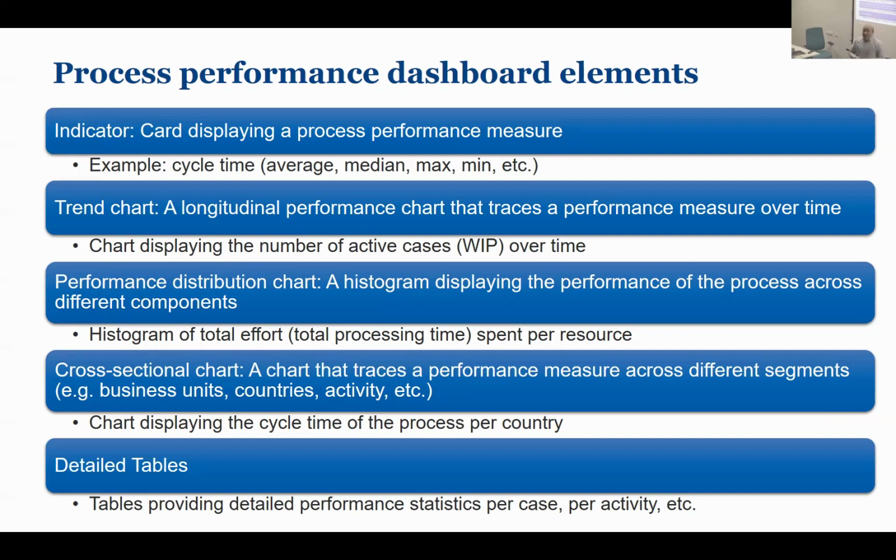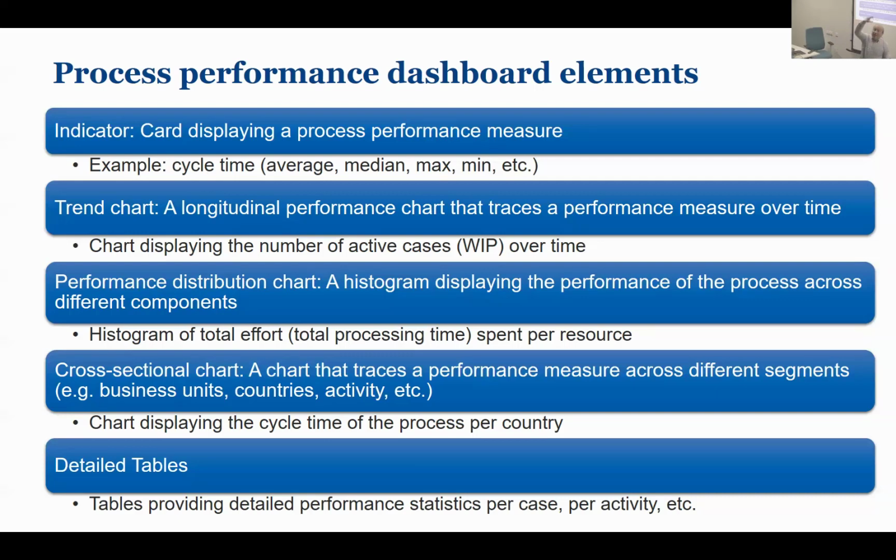The third type of element that you will find in performance dashboarding tools are performance distribution charts. Here, they are histograms. On the x-axis, you see different values of a performance measure, like, for example, less than 2 days, between 2 and 4 days, 4 to 6 days, 9 to 12 days, if I am talking about cycle time.